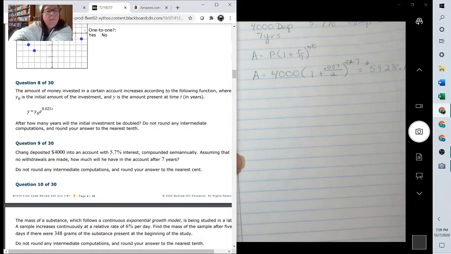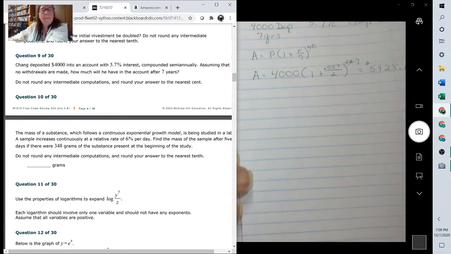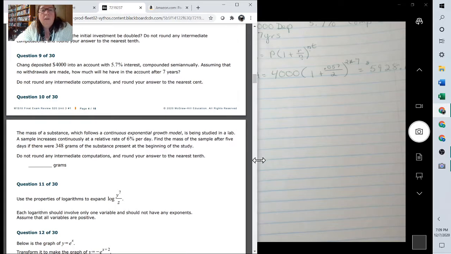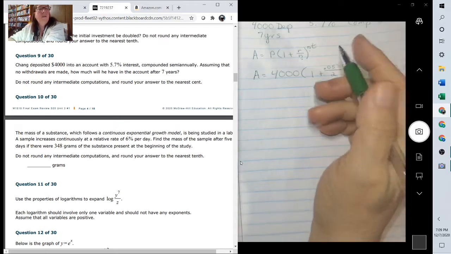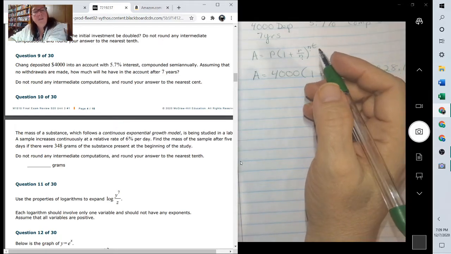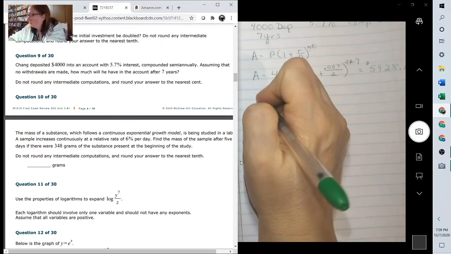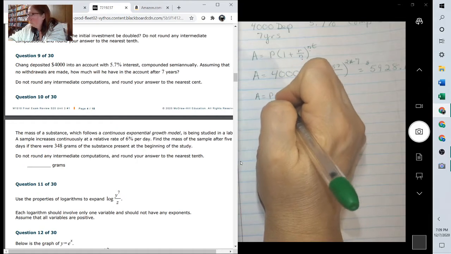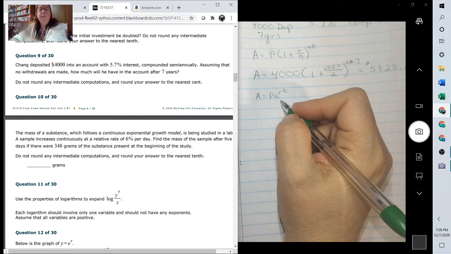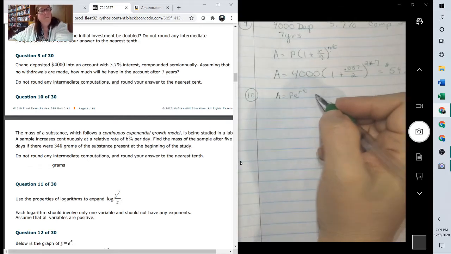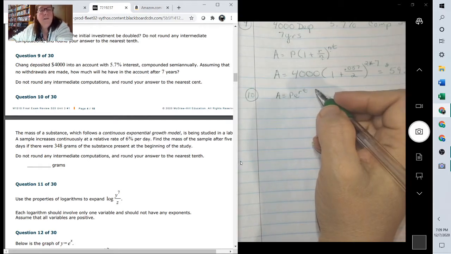And 10. A mass of a substance which follows a continuous exponential growth. So continuous is PERT. Is being studied in a lab.